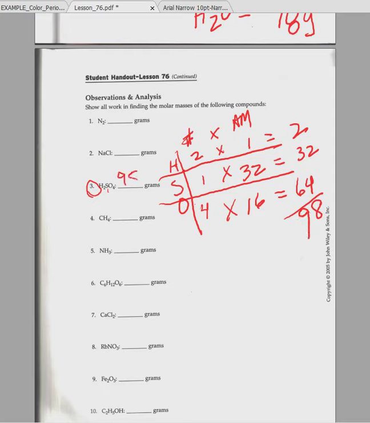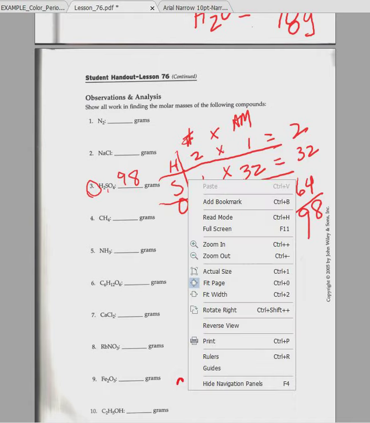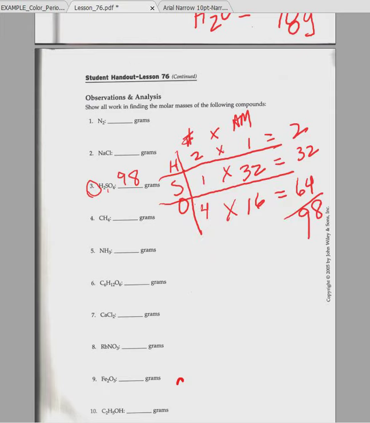So 98 grams. Now, I did this before, I'll do it again. For number 10, we have carbon, then hydrogen, and then oxygen.